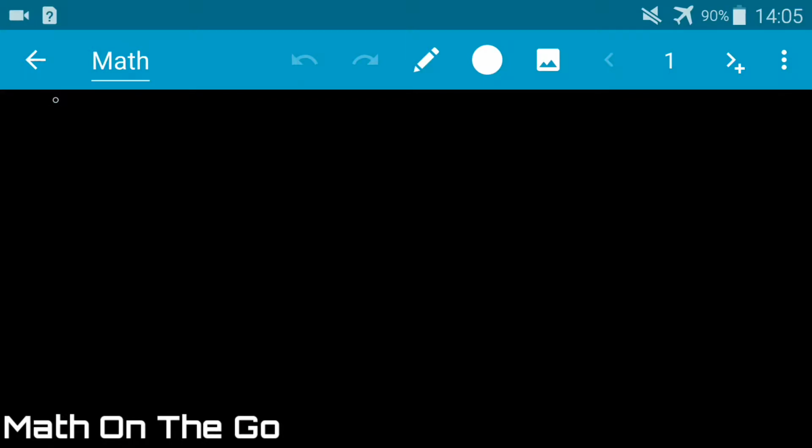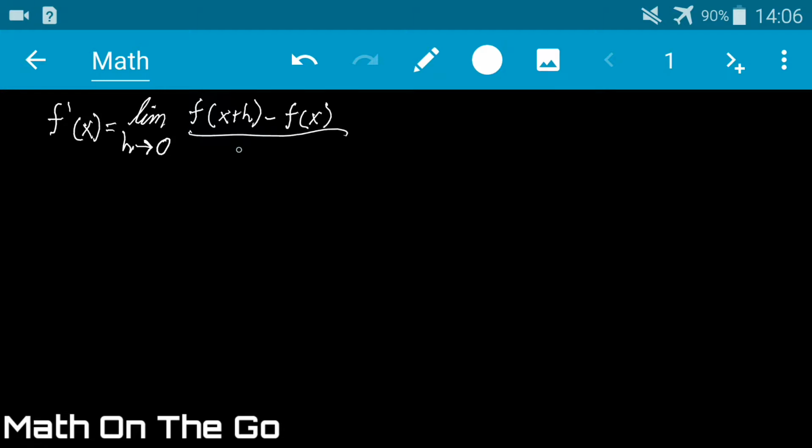Today we're going to use the definition of a derivative to find the derivative of a function. The definition of a derivative is f prime of x equals the limit of h to 0 of f of x plus h minus f of x all over h.